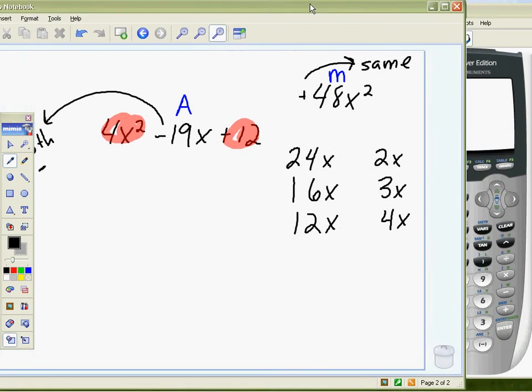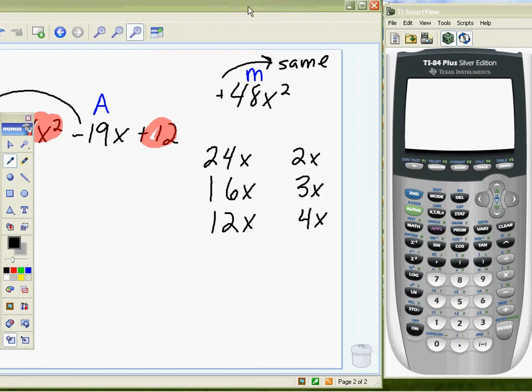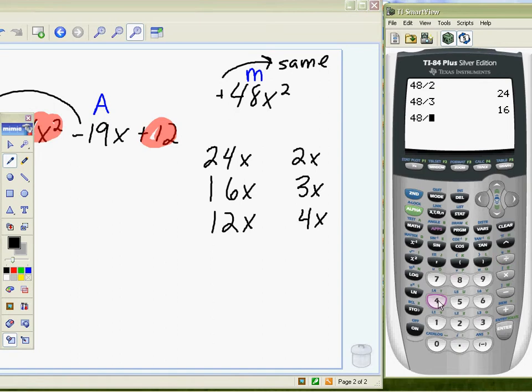Now, if you struggle with your multiplication tables, what you can do to find these factors is just start taking 48 and dividing it by first 2. Then you get that. Then you can take 48 and divide it by 3 and get that. And just keep counting up. Divide it by 4 and get that. And then divide it by 5 and you get a decimal. So it's not divisible by 5.